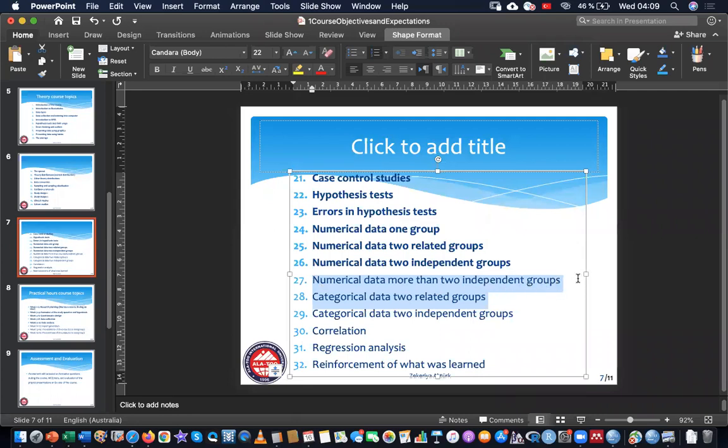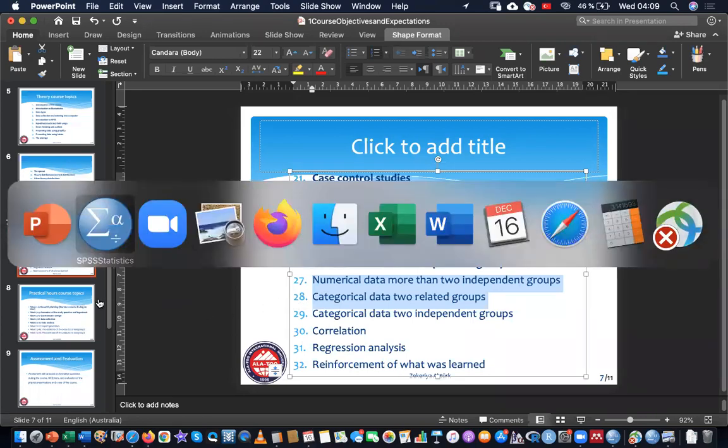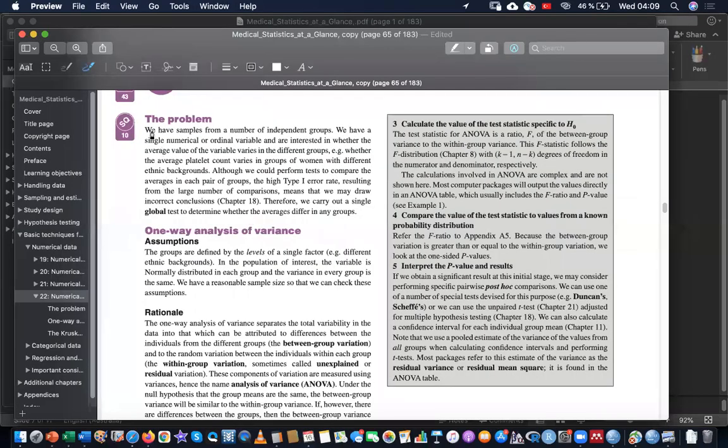Which test? One-way ANOVA, yes. If you have more than 2 groups, then you do the ANOVA. And in the next session, we will go over to the analysis of categorical data. Let us look at our book.